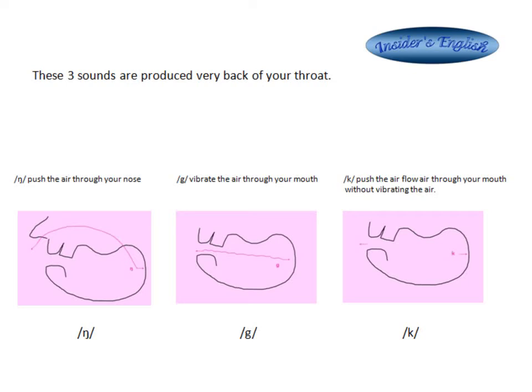Again, go to the back of your throat, look at picture 3, and vibrate the air through your mouth. Ga. And look at picture 3, tense the area at the back of your throat, push the airflow through your mouth without vibrating the air.